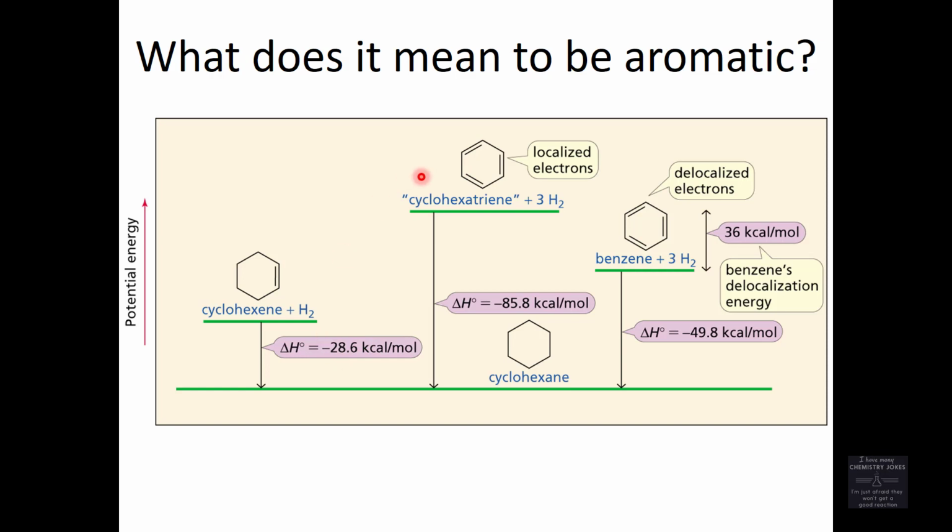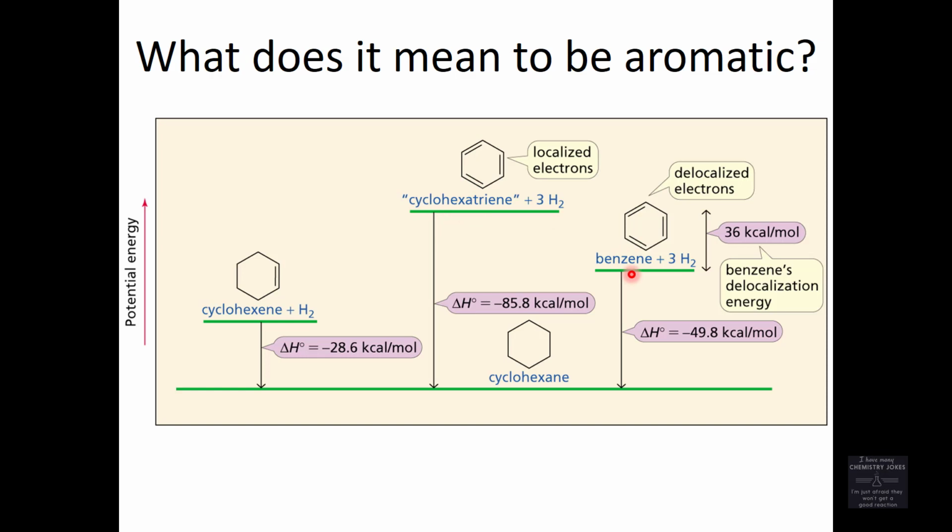So when benzene has 3 pi bonds, you would imagine that the energy released would be 3 times as much. So 3 times as much is negative 85.8. So if you considered this cyclohexatriene, this benzene-looking thing, but without calling it benzene just yet, cyclohexatriene is predicted to have this stability.